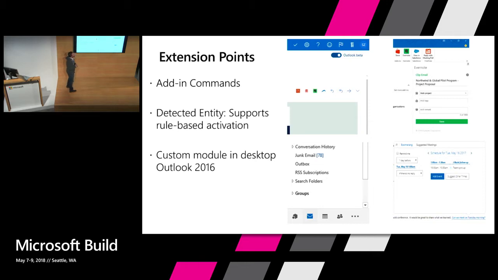Okay. So there are multiple ways you can surface your app to the end user in Outlook. You can either create an add-in command, which shows up as a button in the ribbon for Outlook Desktop. In Outlook for Web, the same command shows up as a button in the message level command bar.